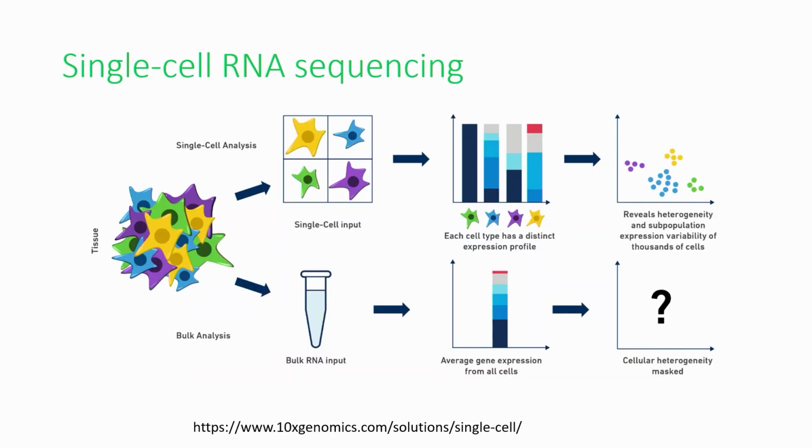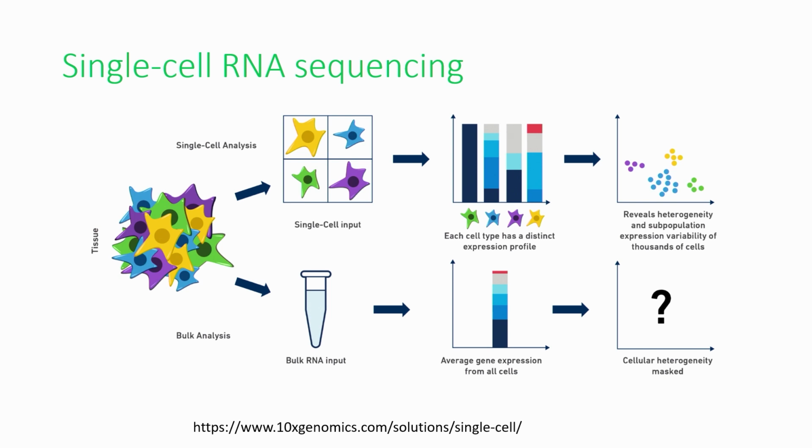I don't want to bore you too much with details on single-cell RNA sequencing. You're all aware that this is now a method that is very widely used in order to study complex tissues and has really revolutionized how we can look at individual tissues, including the skin.